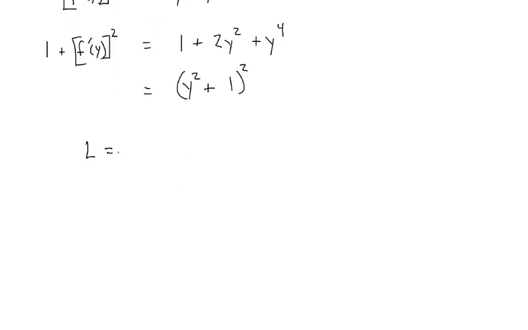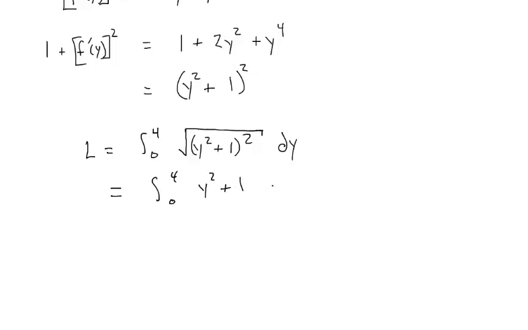So L is equal to the integral from 0 to 4 of the square root of y squared plus 1 squared dy, and that is equal to the integral from 0 to 4 of y squared plus 1 dy. And now I'm going to integrate. So we have y cubed over 3 plus y evaluated from 0 to 4.